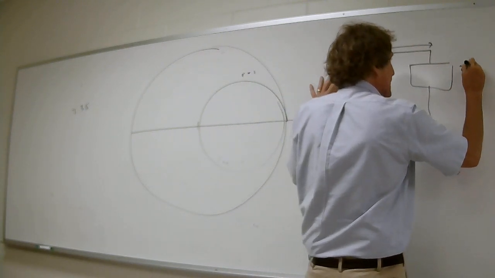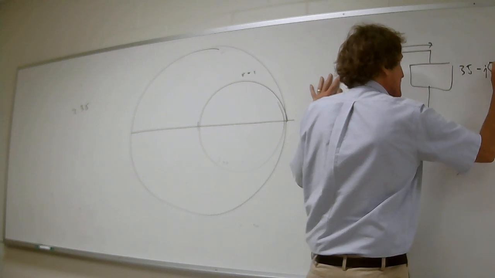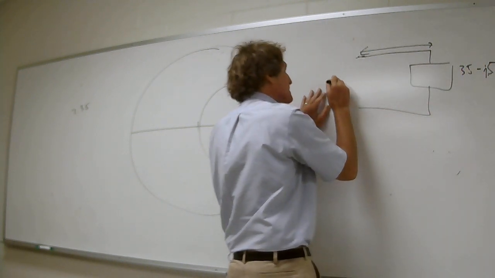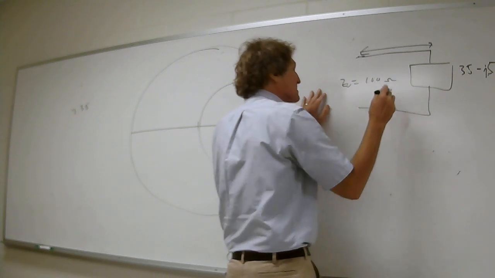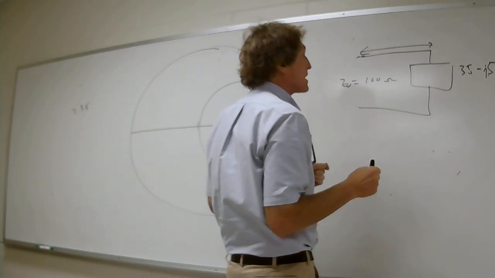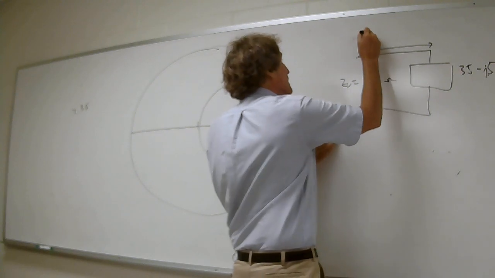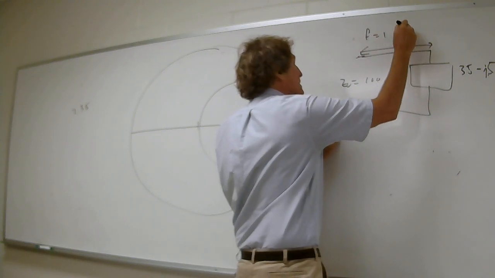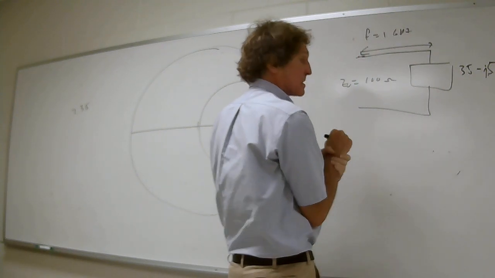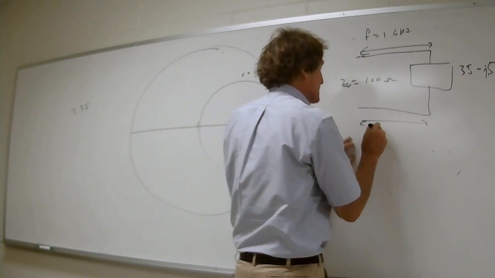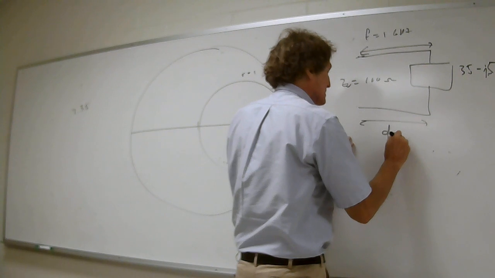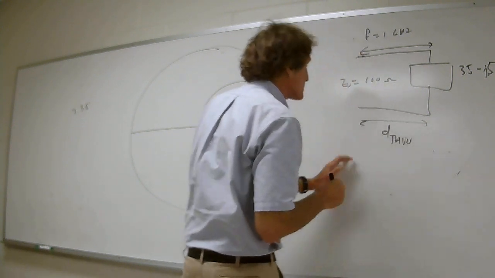So 35 minus j50 is the load, and Z0 is 100 ohms, at 1 gigahertz. Then find the transmission line length d and the value of the reactive element if (a) a series capacitor is used, and (b) a series inductor is used.